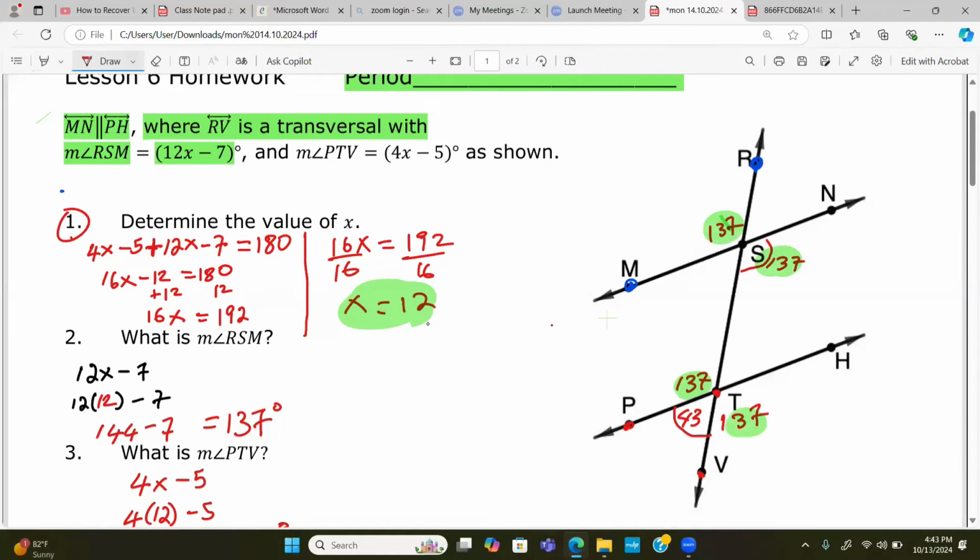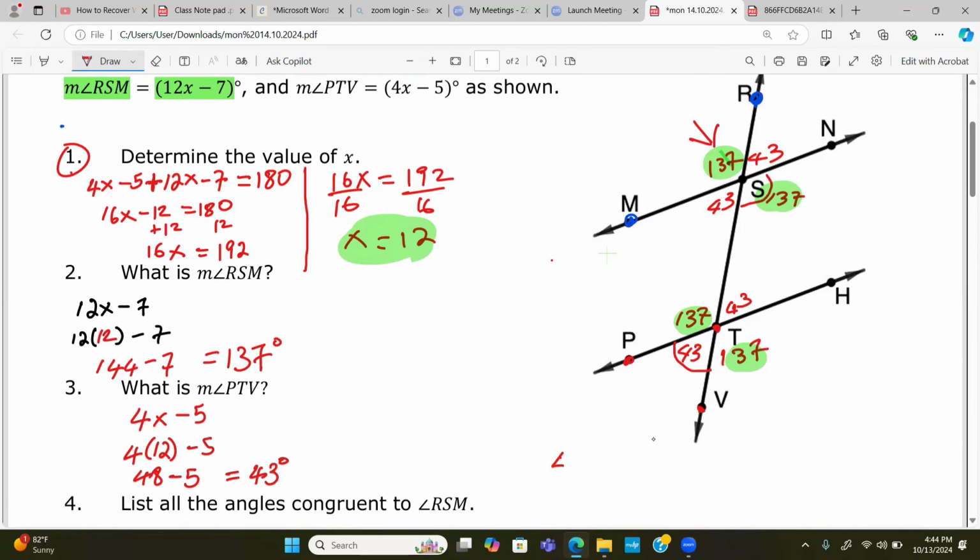What we do notice is that I could fill out all the information. 43 vertical here. If we take this from 180, we're going to get 43. So this is 43 here, and it's vertical here again. Definitely, the question wants me to write down the angles that are congruent to this angle here. I could easily represent those after I have populated that diagram. So the angles congruent to RSM, we'll put them right here.